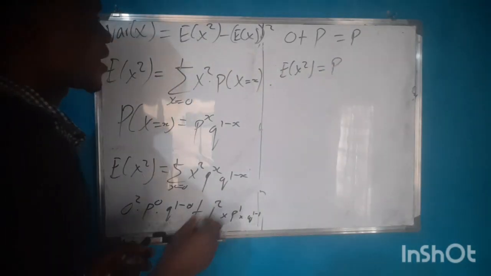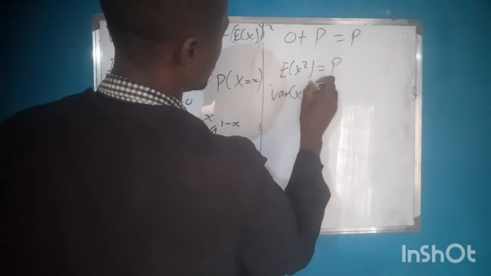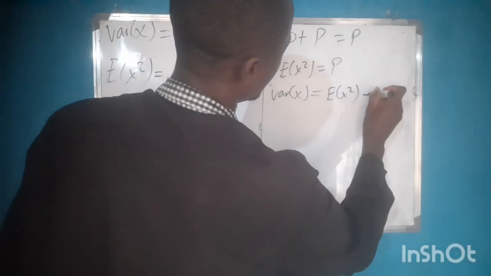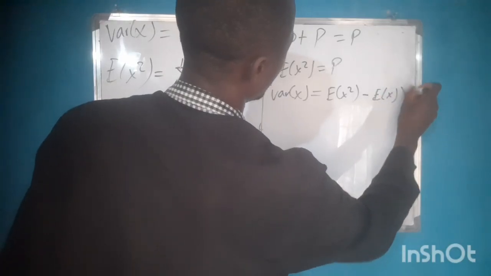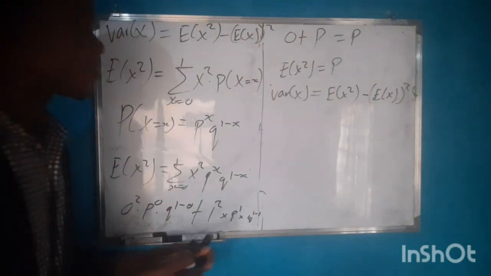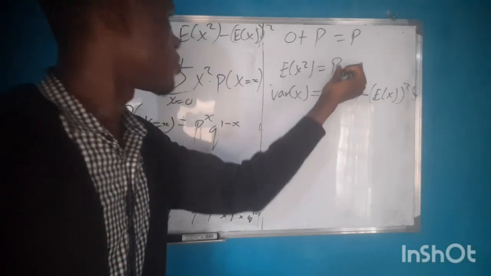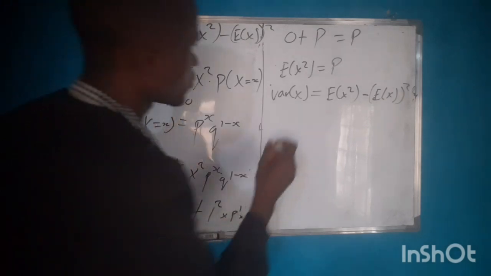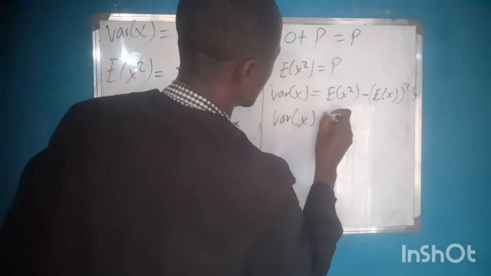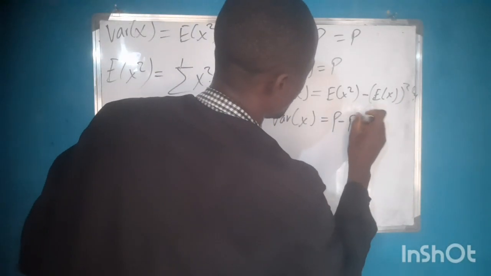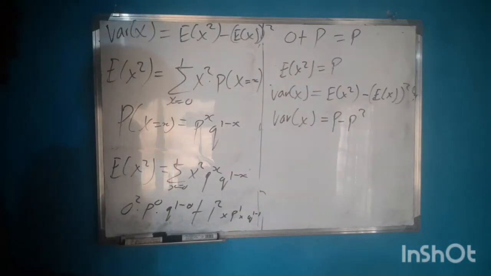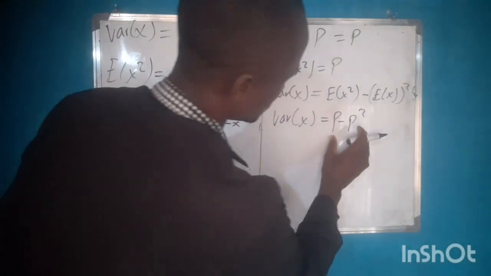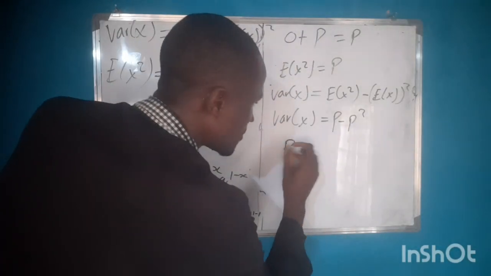So the expected value of x squared is equal to p. But we know that the variance of x is equal to the expected value of x squared minus the expected value of x all squared. We have gotten the expected value of x squared to be p, and the expected value of x to be also p. So the variance of x is equal to p minus p squared. These have p in common, so we bring p out.